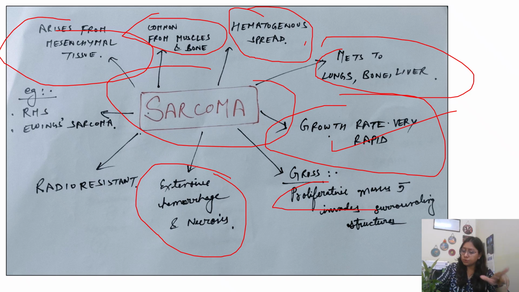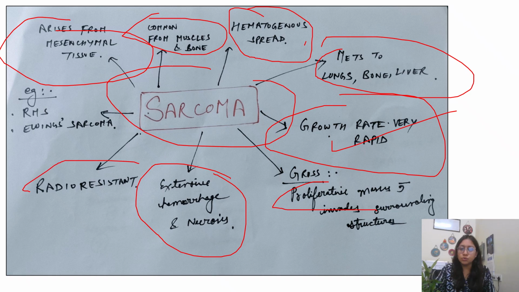Hemorrhage and necrosis also occur in carcinoma on the cut section of the tumor, but here you get much more variation on the cut section. Suppose this is a kidney, when we give a cut section we open it like a book. When you open it like a book and see the cut surface, here you have your hemorrhage, here necrosis, here cysts, here solid areas. Those areas are less in carcinoma in comparison to sarcoma; in sarcoma they are extensive.